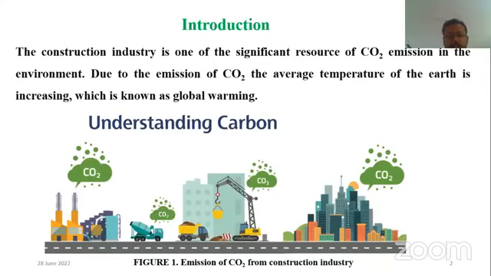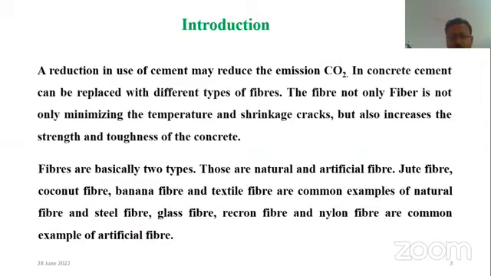Therefore, there is a threat to the environment that causes global warming. To reduce the demand for cement, we can go for replacement of cement, that can be replaced by the existing fibers.